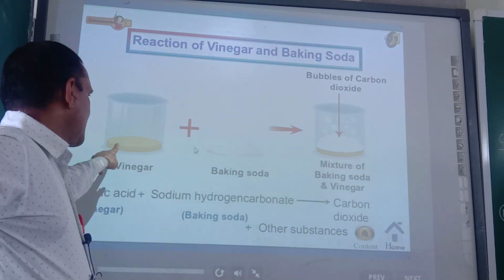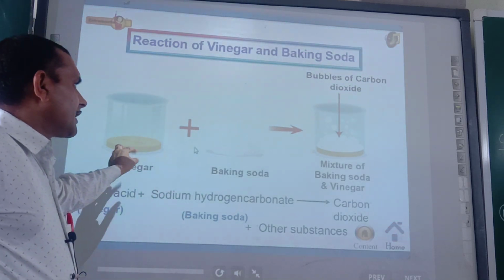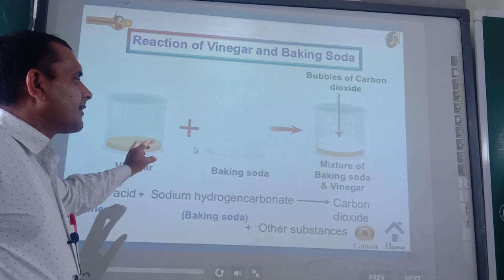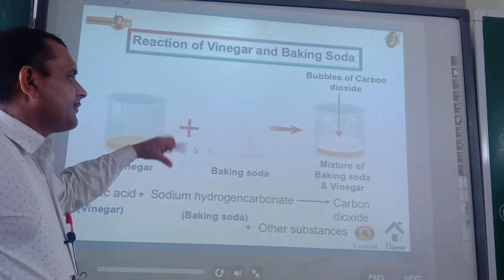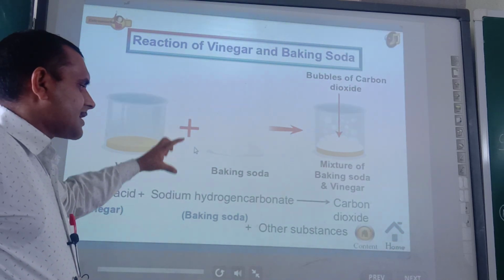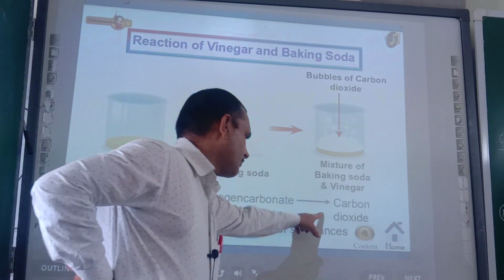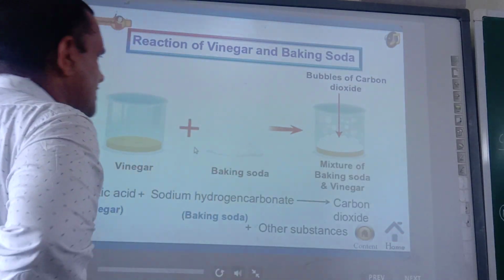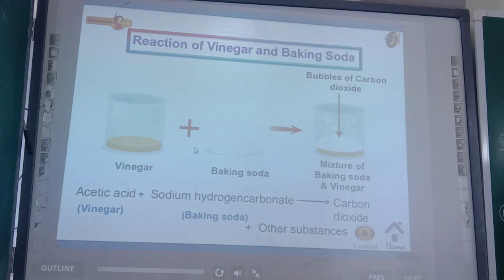When baking soda is added to vinegar, bubbles of carbon dioxide gas are evolved and some other substances are also formed. So this is also an example of a chemical reaction. Vinegar and baking soda are the reactants, and carbon dioxide and other substances are the products.